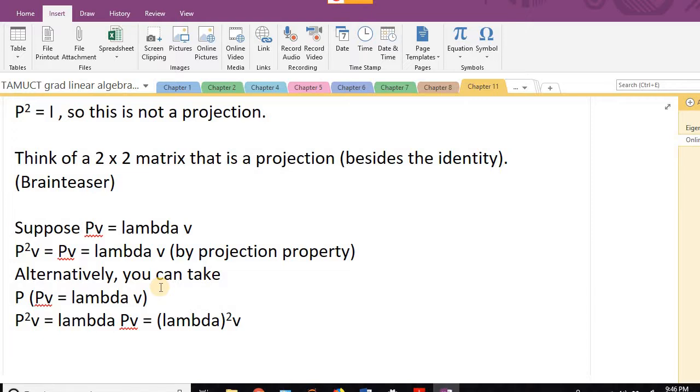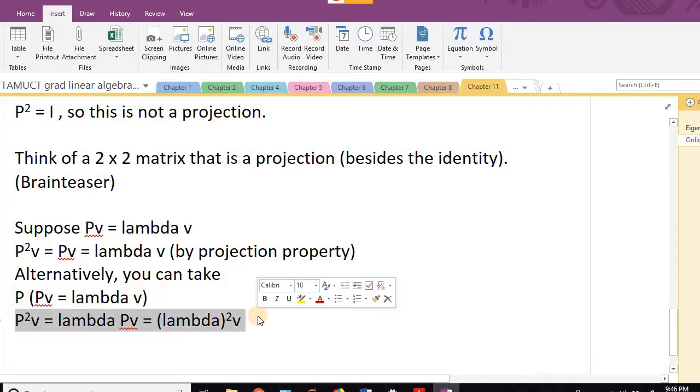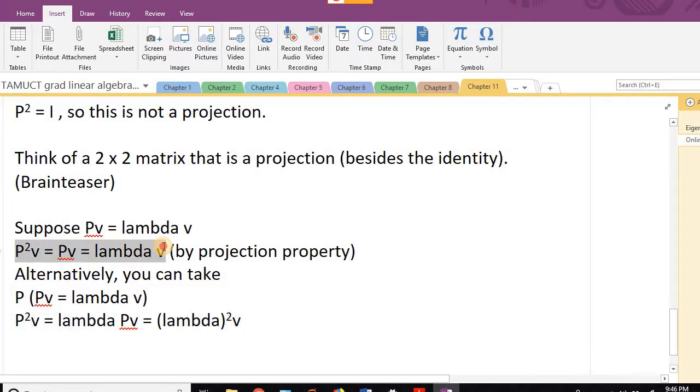The game of mathematics is seeing what's equal. Substitute and see. So this one says P squared V equals lambda squared V, and this one says P squared V equals lambda V.